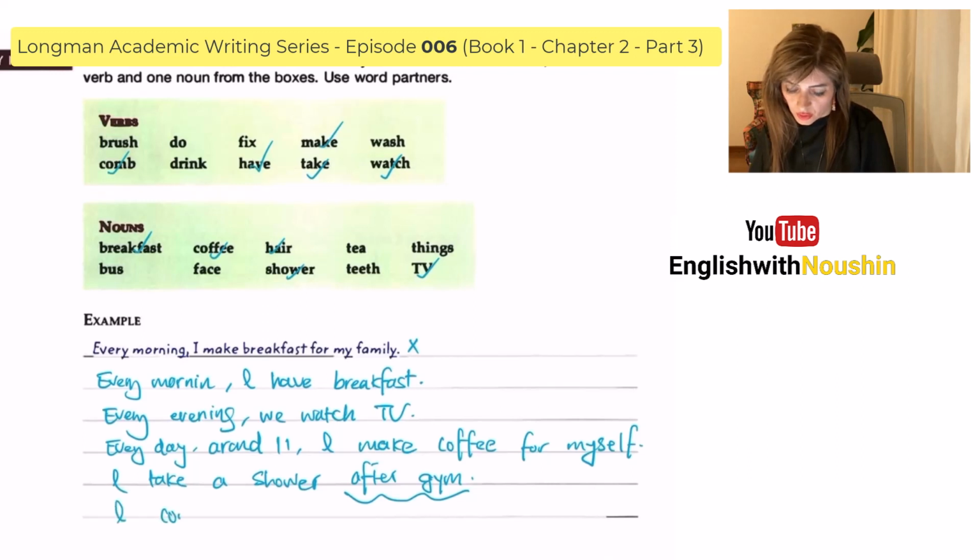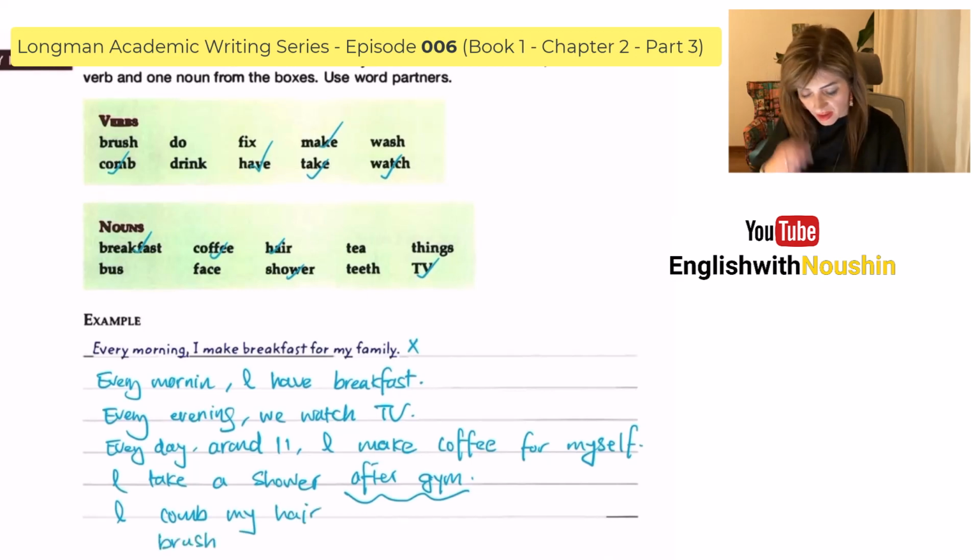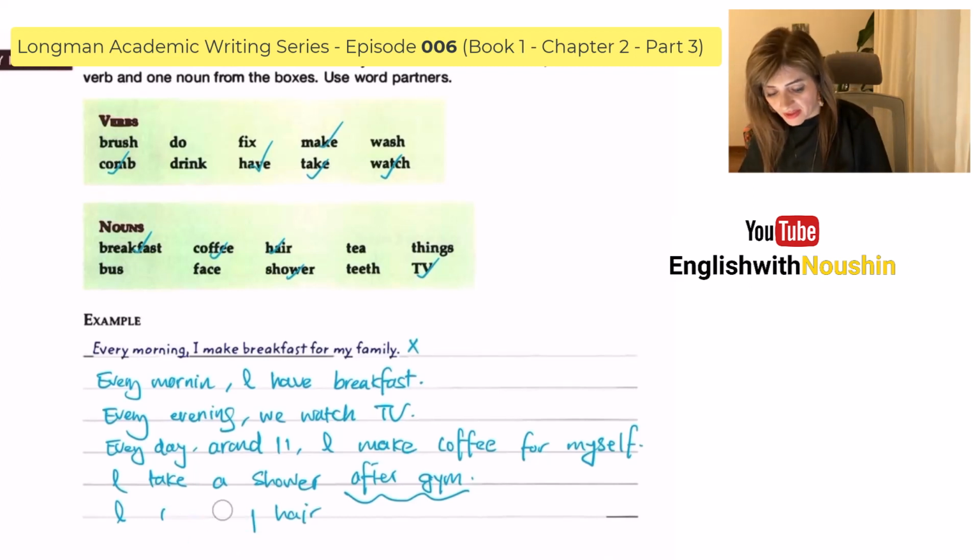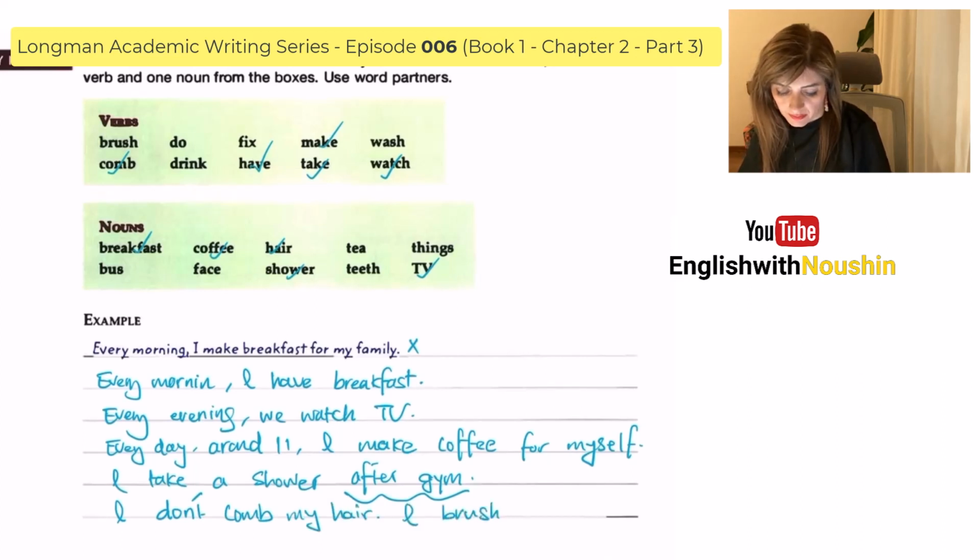I comb my hair. I actually don't comb my hair. I brush my hair. I brush my hair, or better sentence. Let's make it negative. I don't comb my hair. I brush my hair.